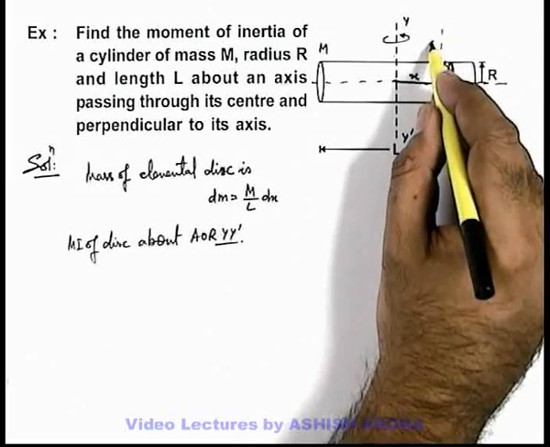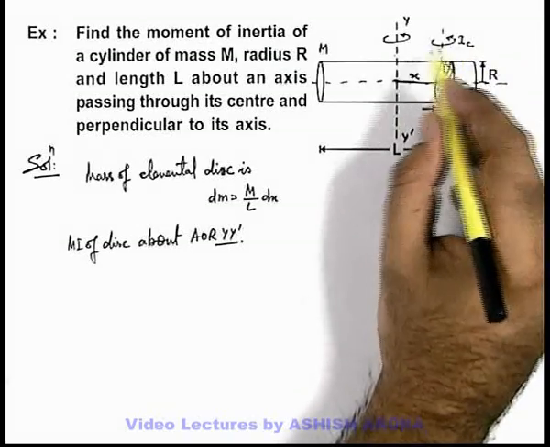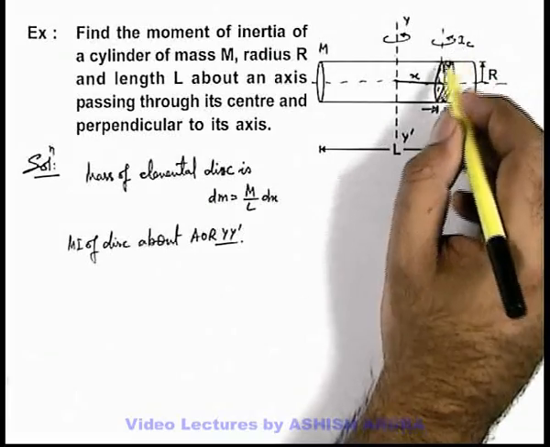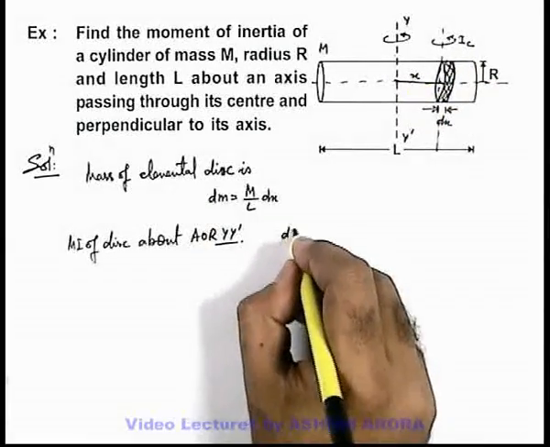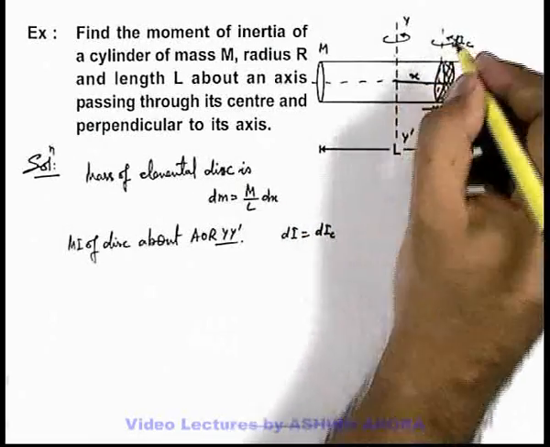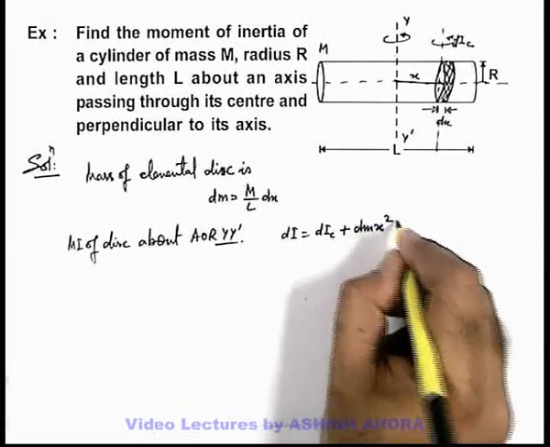If the moment of inertia about this axis is ic, then about this axis the moment of inertia of the same disk can be written as ic plus mx square. So the moment of inertia of the element can be written as dic plus dmx square.